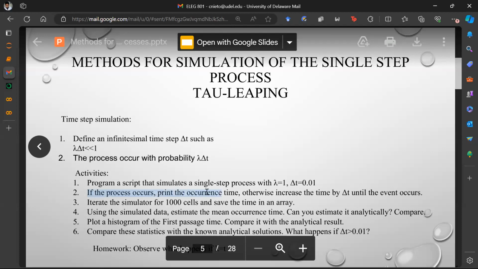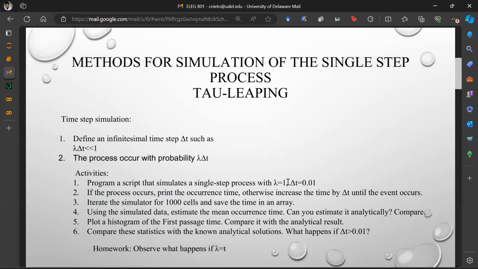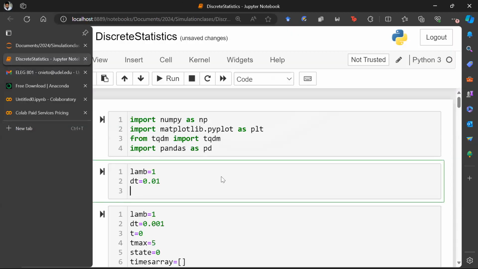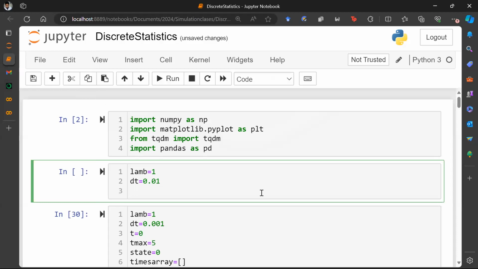So the question is, the process occurs with this probability, delta t times lambda. So how do you produce a process that occurs with this probability?